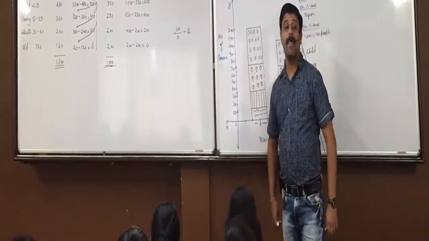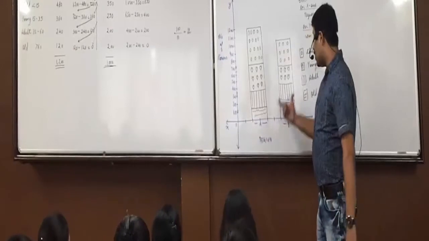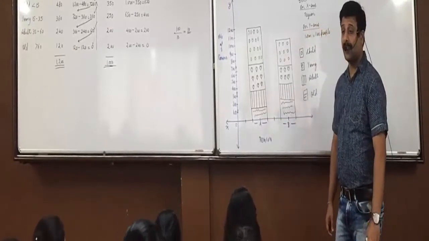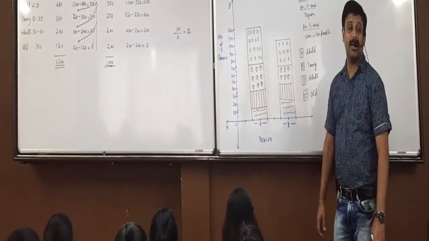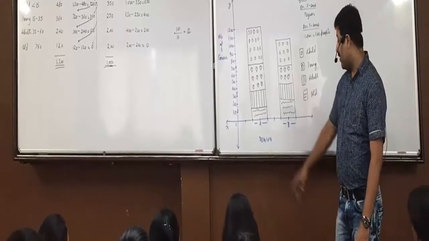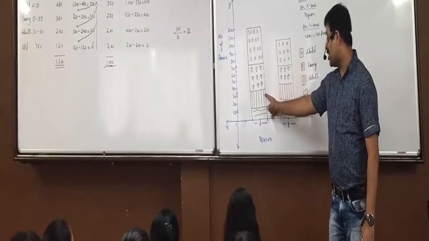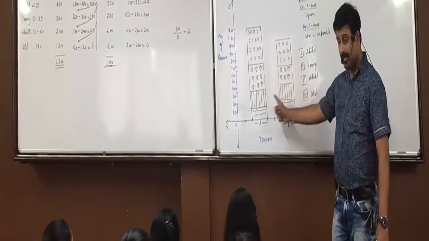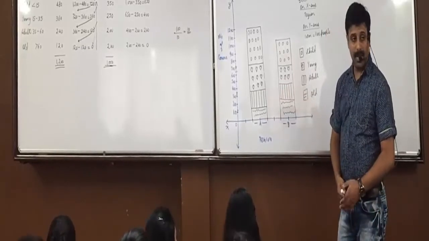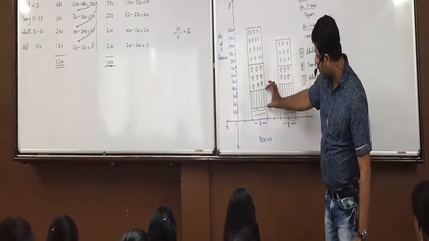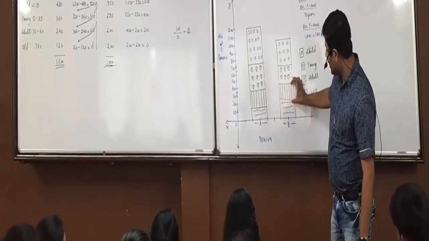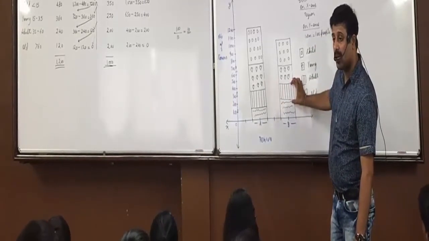Clear in that? Can you compare the two and tell me? Listen, everyone. Can you compare the two and tell me in which bars or in which region do you have more adults? Region A. See here. Is region A more than region B or not?